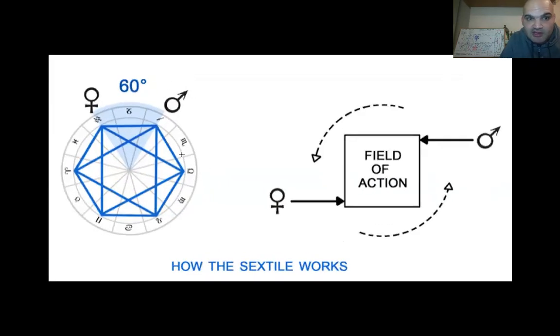As you can see, you've got Venus here and Mars here. This straight line is 60 degrees, which is 2 signs between them. So this is the line that we're concentrating on here in the chart. So this is another harmonious aspect, which is at 60 degrees.